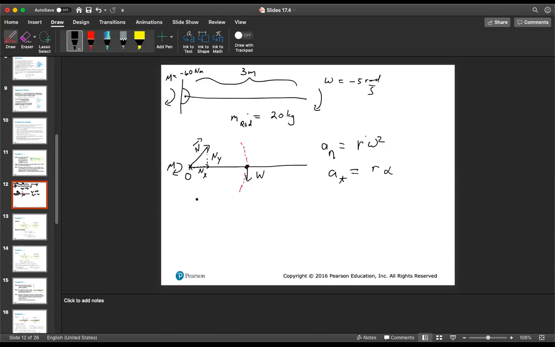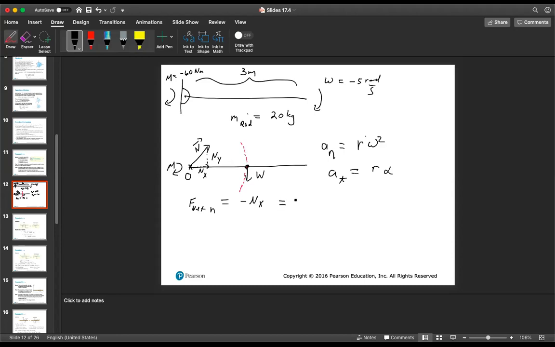So I'm going to write down the net force in the normal direction. That means towards the center, calling positive direction towards the center of the circle. That's going to be minus the normal force in the x direction, because that points away from the center of the circle. And that's it.